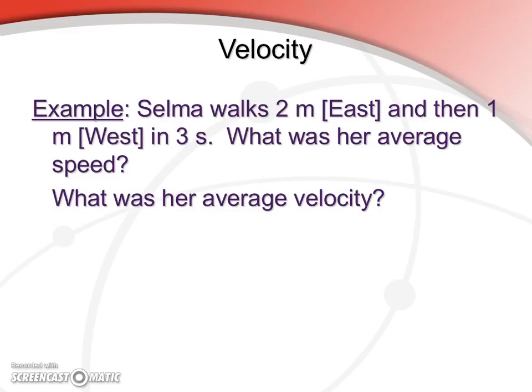What was her average speed and what was her average velocity? So when we're thinking speed, again, we're thinking the history matters. When we're thinking velocity, we're thinking only about the results. So you can probably work this out pretty easily yourself. Her average speed, since she traveled 3 meters in 3 seconds, is 3 over 3 or 1 meter per second.